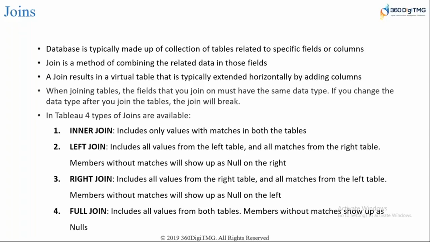Like for example, let us think of a college database. What do you think will be in a college database? There will be one table probably containing all the students' information, student ID, student name, the course that they are enrolled for. Okay, so that information, let us say, is in the student table. Let's say there is one more table called course details, with the course ID, course name, and the contents in that course.